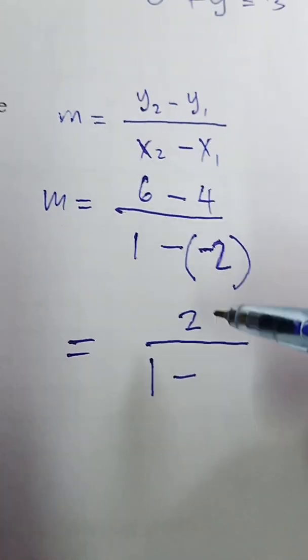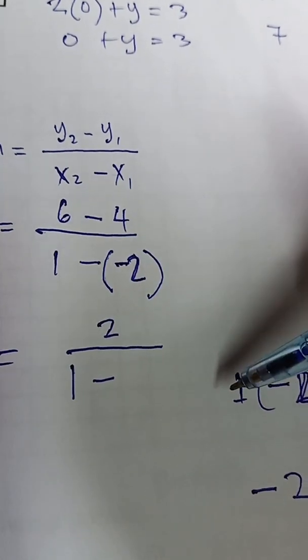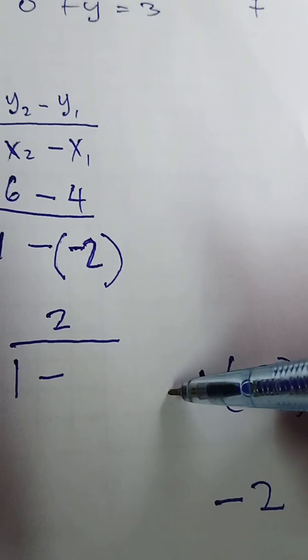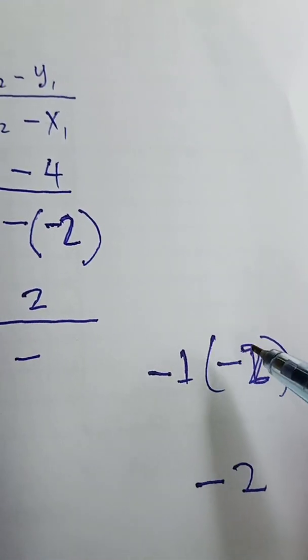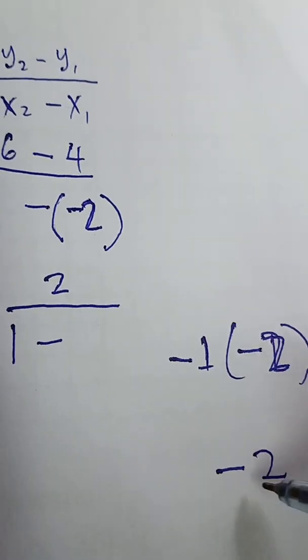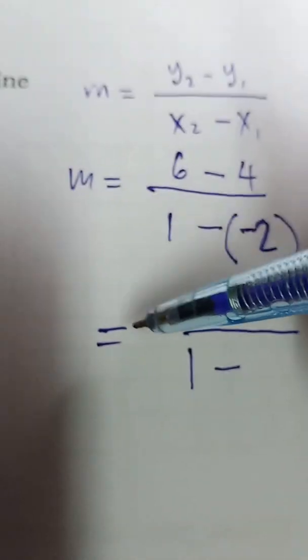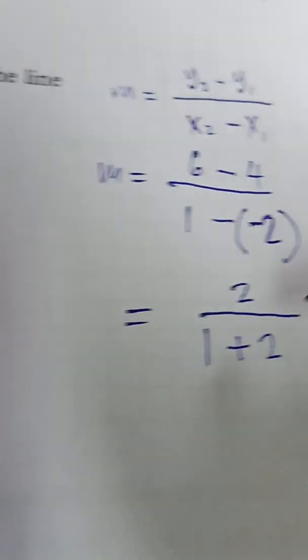Okay? So the sign of 1 becomes negative since what is outside is negative. So it should be negative 1, sorry. Negative 1 times negative 2 becomes positive 2. Right? Positive 2. So, instead of writing minus here, let us put positive 2.